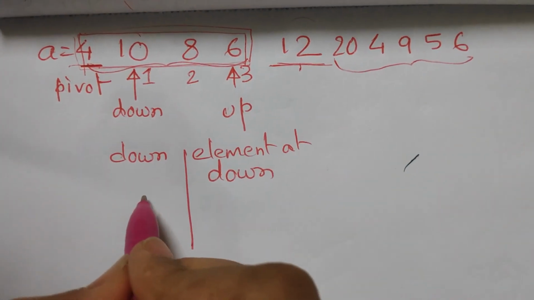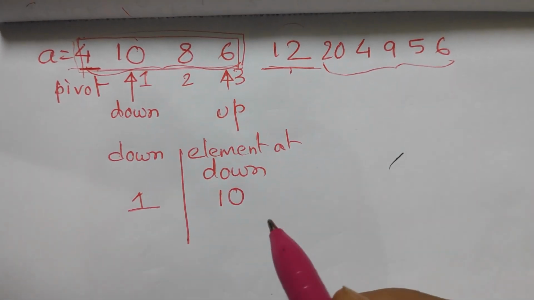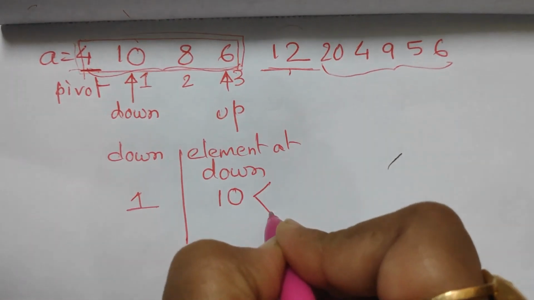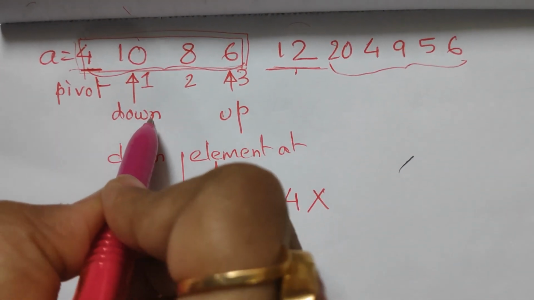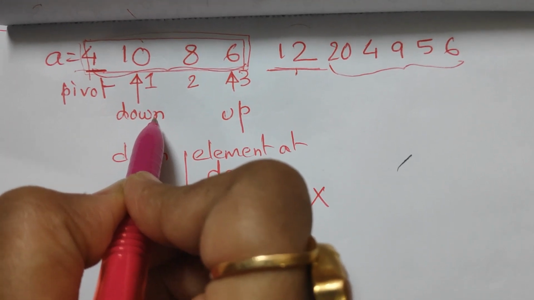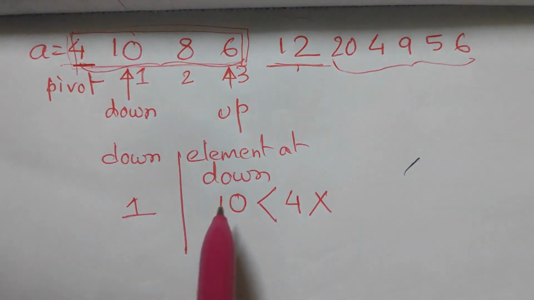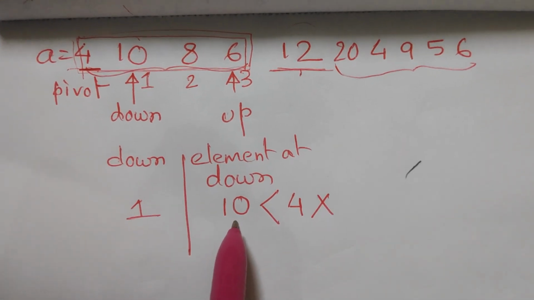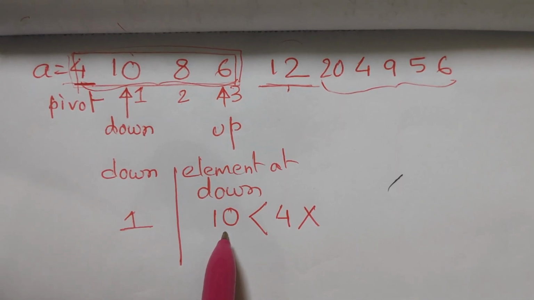So the down value is index 1, the element is 10. 10 less than 4 is incorrect. So the down value halts over here. There is no progress in the down index because the element stored at the down index is greater than 4.